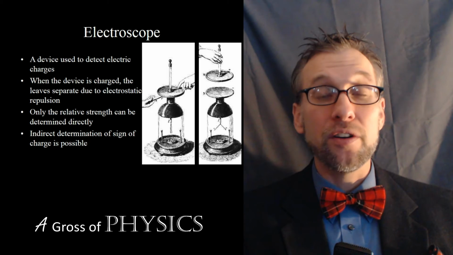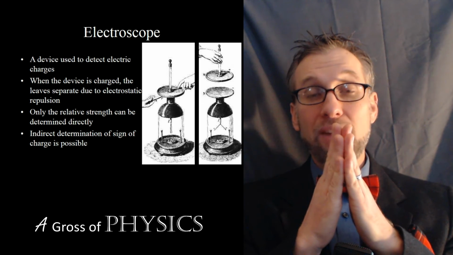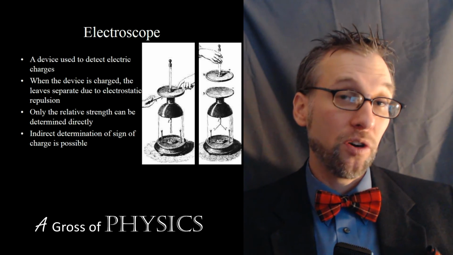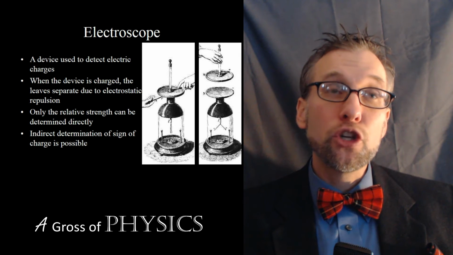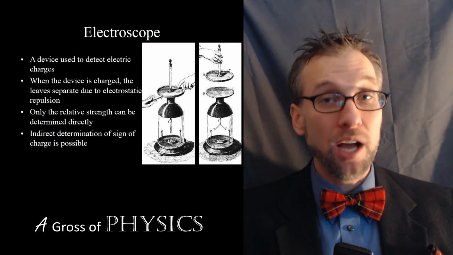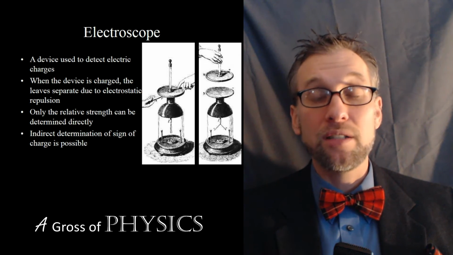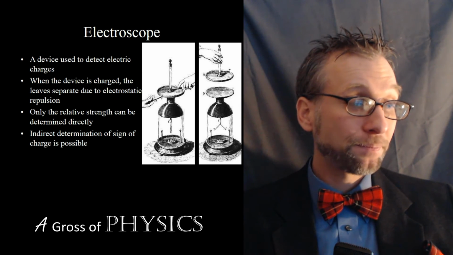And then that would either cause the leaves to diminish, which means it would have an opposite charge, or spread apart, which means you'd be giving it even extra charge. So depending upon the charge that is brought near the electroscope, we can then determine what the charge on the electroscope is. But directly, all we're going to be able to do is detect the presence of charge, not necessarily the sign.